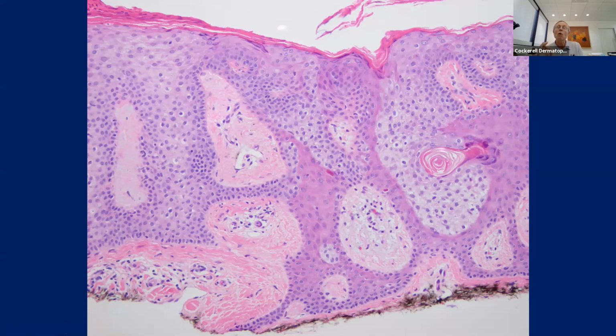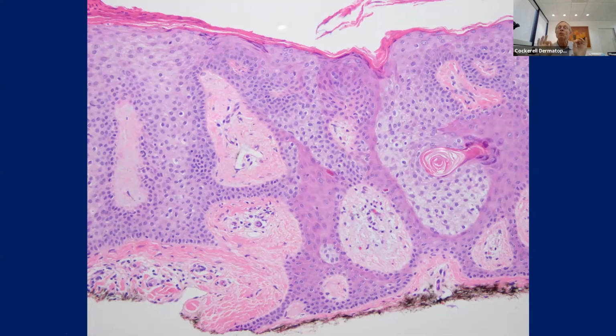But yes, this is really more the outer root sheath of the follicle. So the right answer for the diagnosis of the neoplasm is tumor follicular infundibulum. But the right answer for this type of differentiation, these glycogen containing cells here, is outer root sheath of the follicle. And that's also seen in trichilemmal verruca. So outer root sheath is correct.